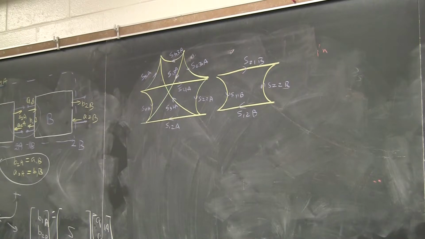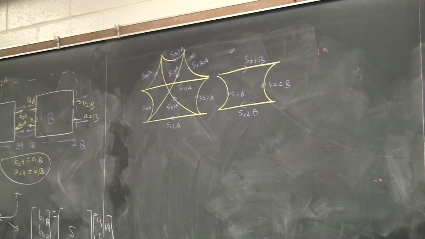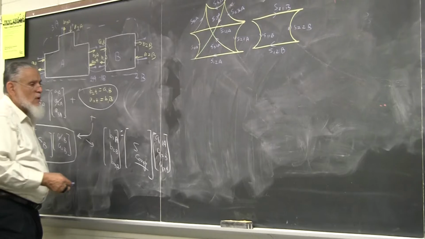How do we get that? We go back to this line here. This is the final form. So what do I do? I just take them one at a time.